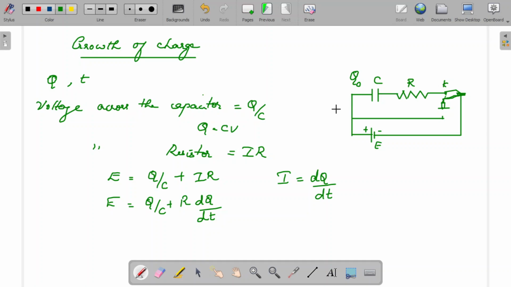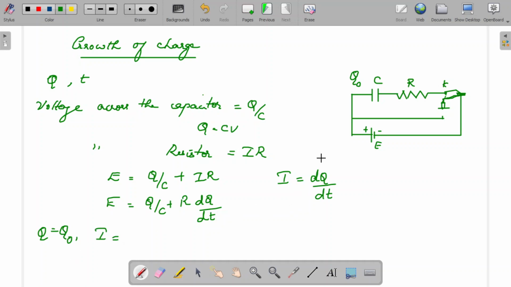Then what is the potential difference across the capacitor C? At that time when Q becomes maximized, that is, when Q becomes equal to Q0, what is I?